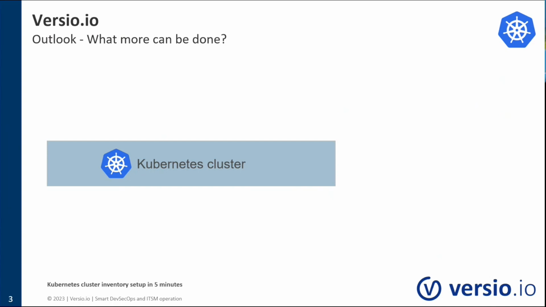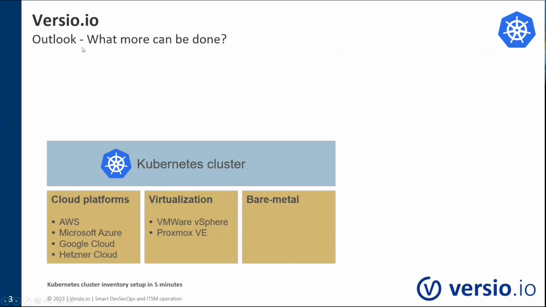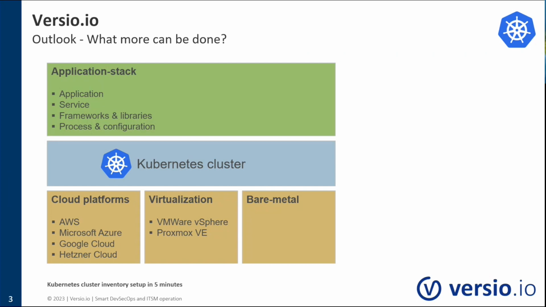The integration looks very simple, and it's exciting what you can do with the Kubernetes data now. What else is possible? Of course, you can still complete the inventory. For example, you can record the infrastructure under the Kubernetes cluster. This can be the virtual machines in the cloud, or your complete virtualization platform, or even the bare metal machines in the end.